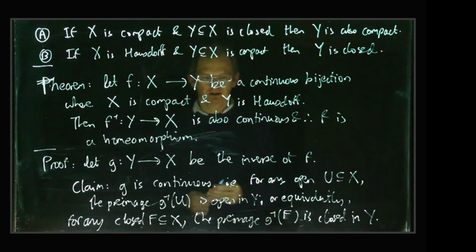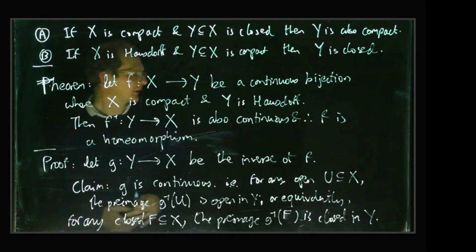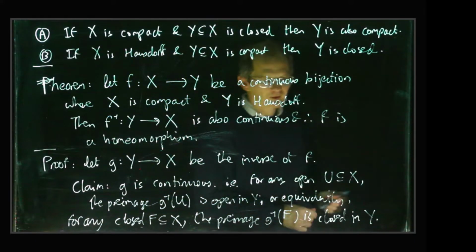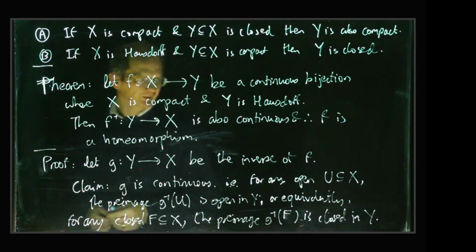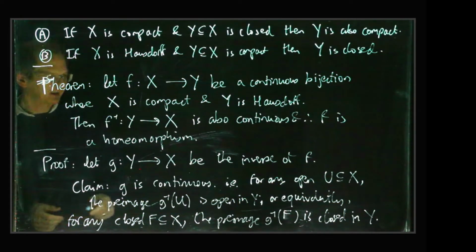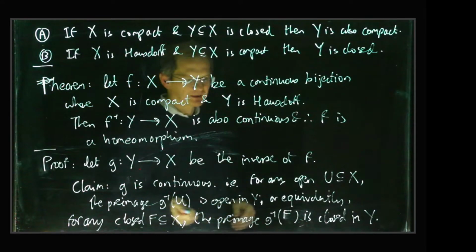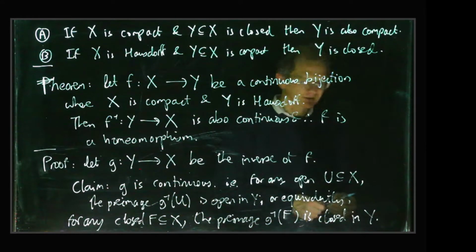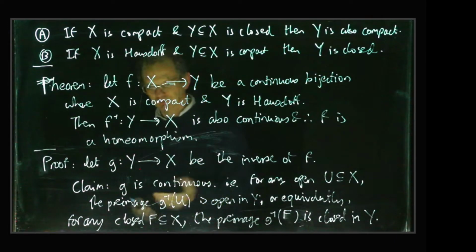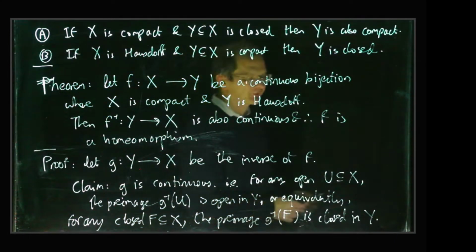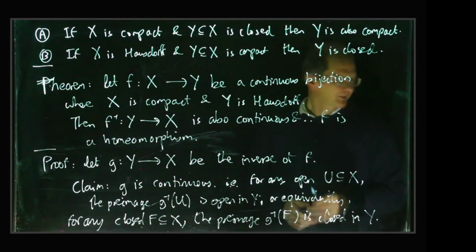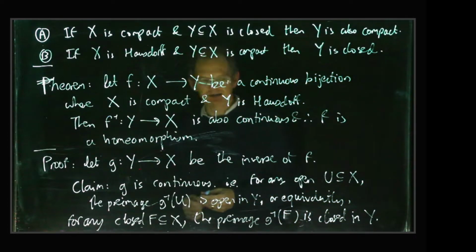Remember this first thing about preimage of open sets being open. That was our official definition of continuous, but it was an easy lemma that we proved quite soon after that it's equivalent to say that the preimage of any closed set is closed. That's just because the closed sets are precisely the complements of open sets, and the preimage of the complement is the same as the complement of the preimage. So these two conditions are quite easily equivalent to each other.